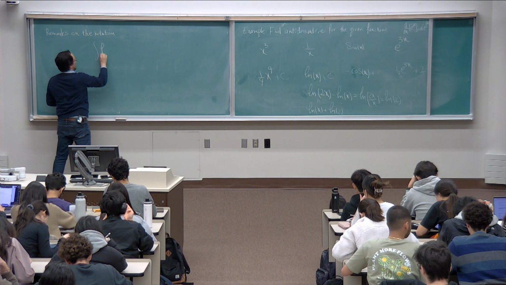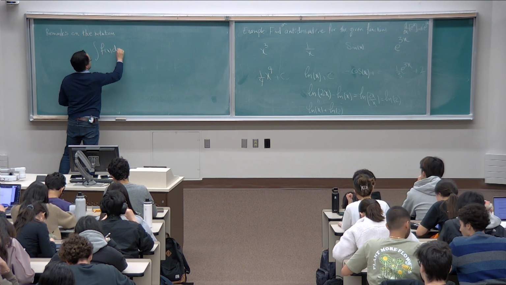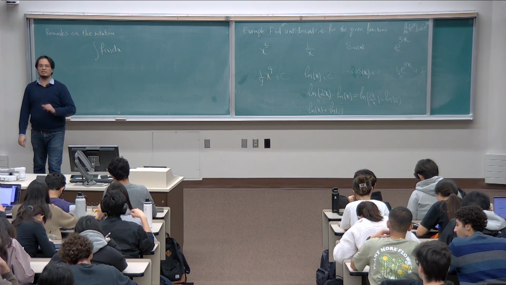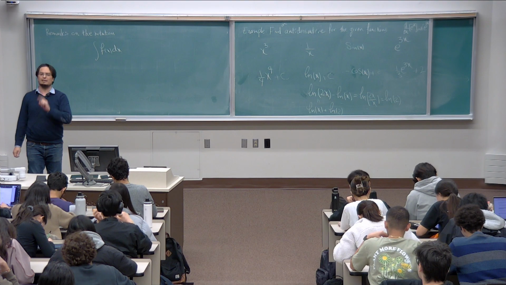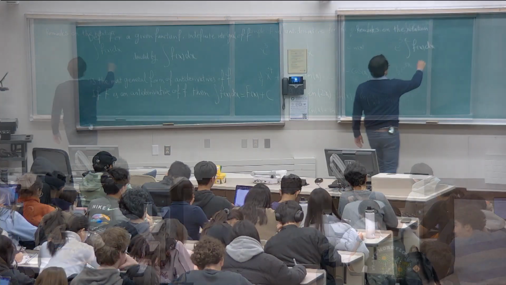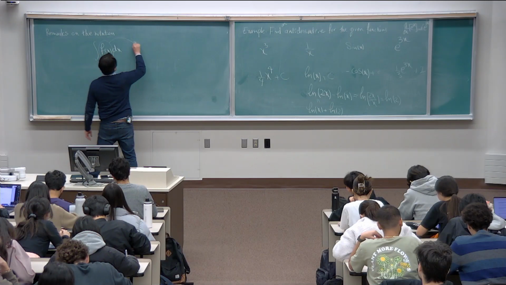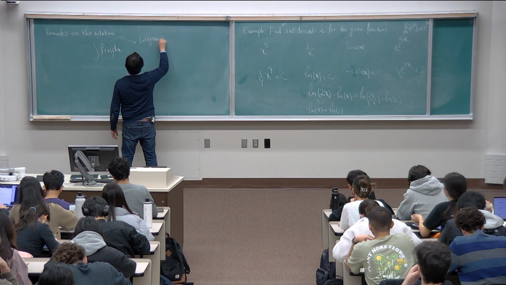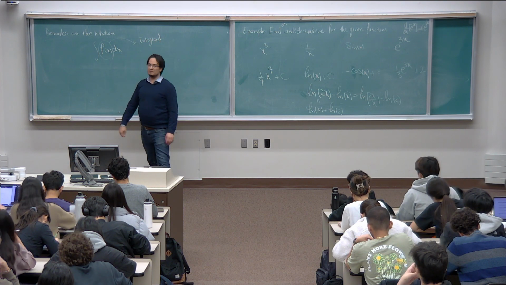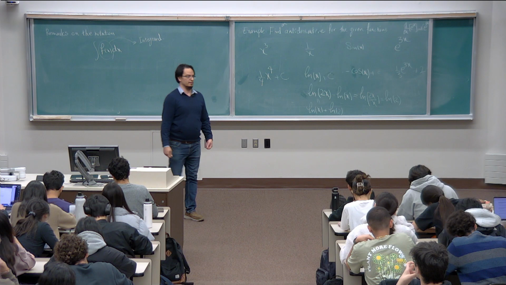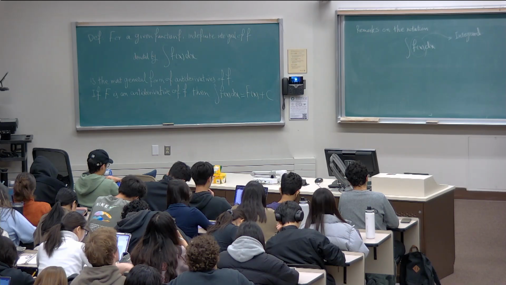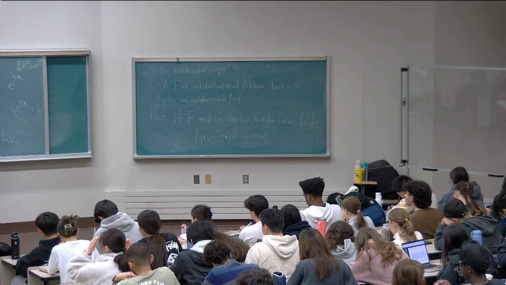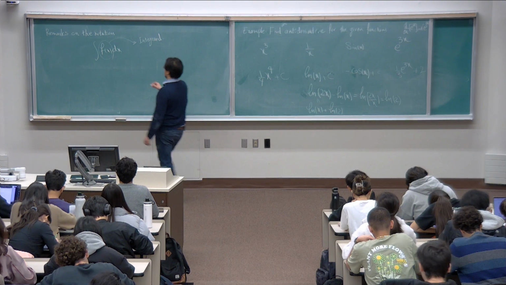When you have this notation here, there are two things that we are using there. One is this function, which we will call the integrand. Something that we are integrating, integrand. The other thing is this variable x.